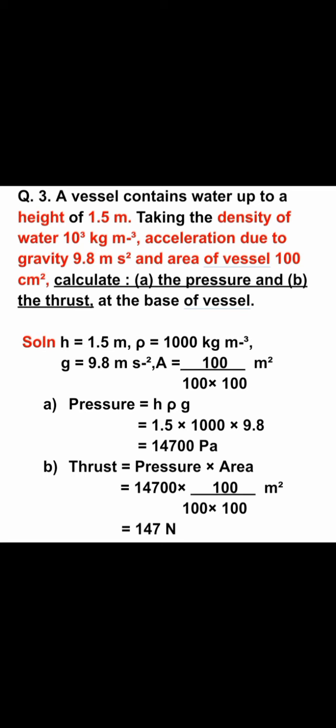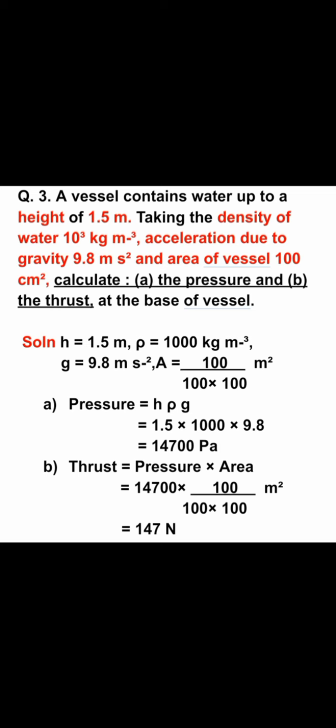Here the question is: a vessel contains water up to a height of 1.5 meter. Taking the density of water 10 to the power 3 kg per meter cube, acceleration due to gravity 9.8 meter per second square, and area of vessel 100 centimeter square, calculate the pressure and the thrust at the base of the vessel.